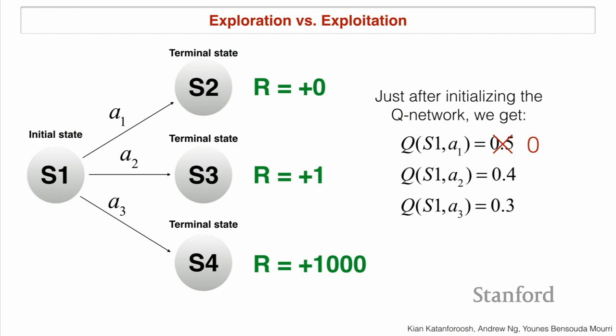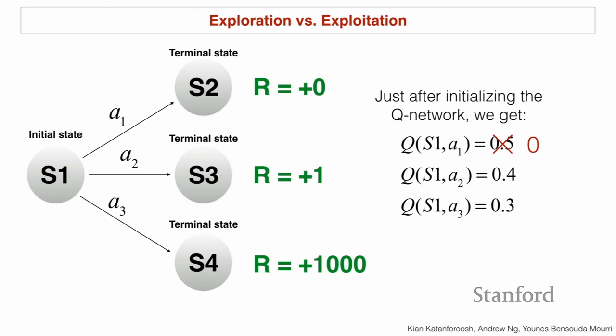So let's go. Take action 1, observe S2, you observe a reward of 0. Our target, because it's a terminal state, is only equal to the reward. There's no additional term. So we want our target to match our Q. Our target is 0, so Q should match 0. So we train, and we get the Q that should be 0. Does that make sense?